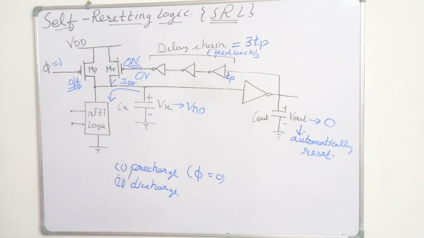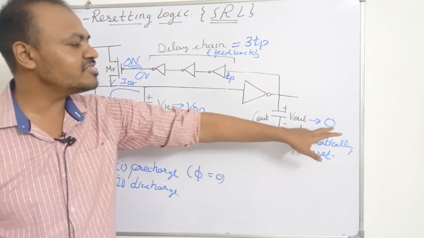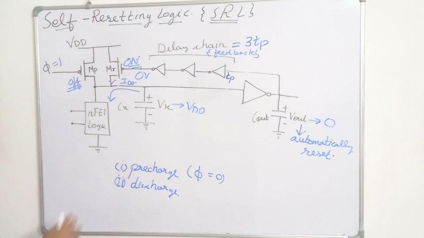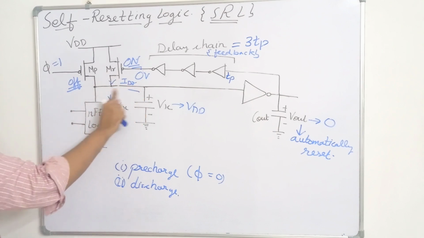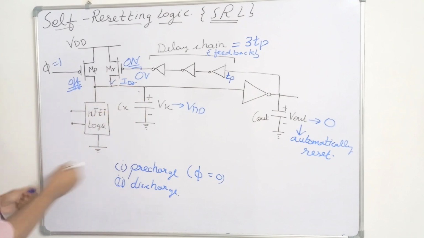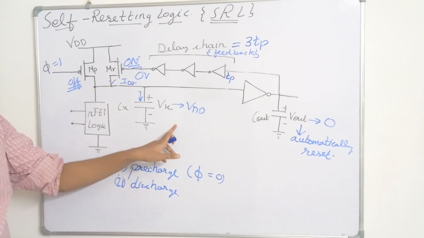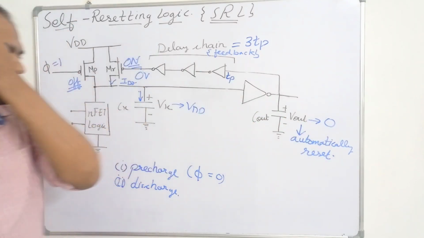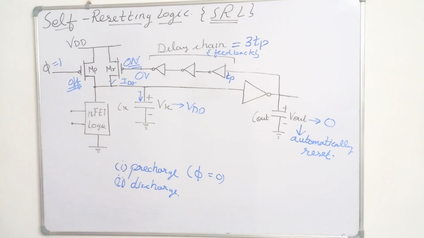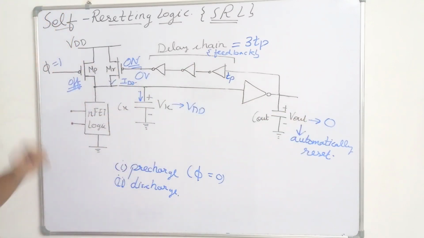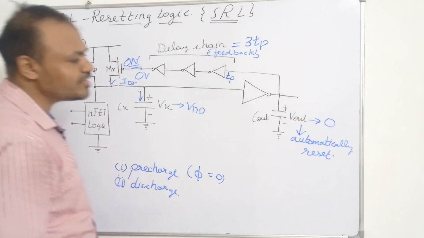How did it reset itself? Vout was VDD, so this voltage is 0 volt, so a current IDR flows. This current IDR charges this capacitor to VDD, so Vout will go to 0 volt. So the output resets itself after going to VDD.